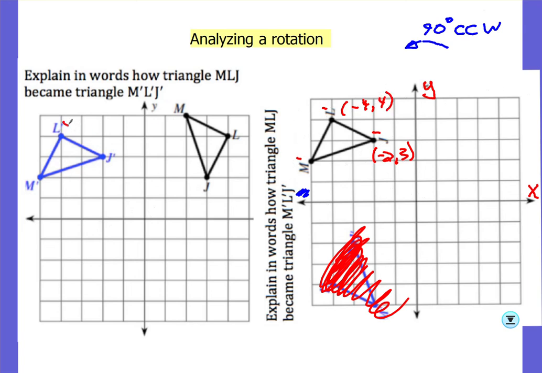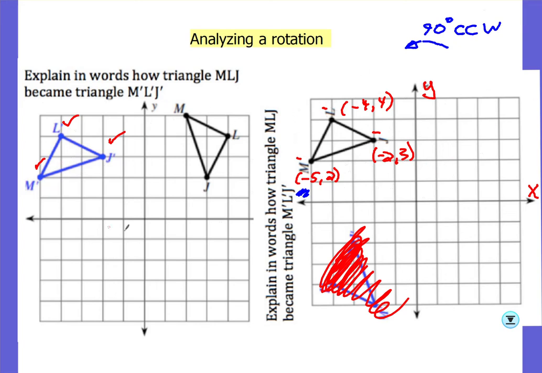That is the same here. So we've checked off 2 of them. And M prime looks like I'm left 5 up 2 or negative 5 comma 2. We have checked off every single piece. So every single vertex here, the L vertex, the J vertex, the M vertex, they're all in the same location. So you can see it just underwent a 90-degree rotation.